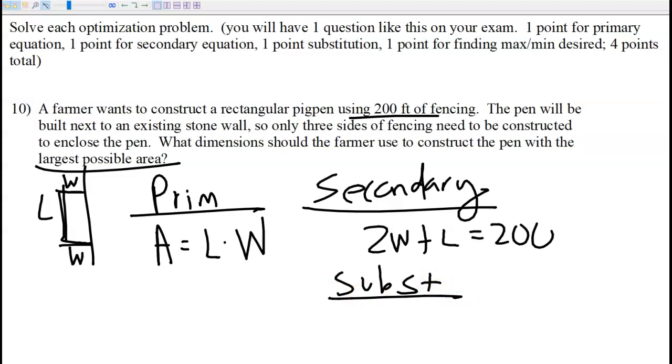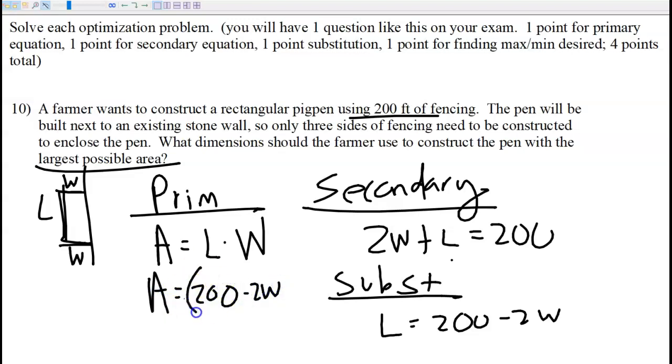So I'm going to get the L by itself. I'm going to subtract 2W on both sides, and that would give me 200 minus 2W. And that's what I'm going to plug in for L into my primary equation. And we do want to distribute.